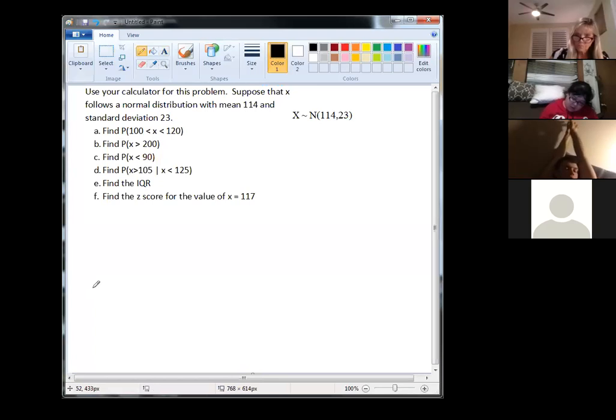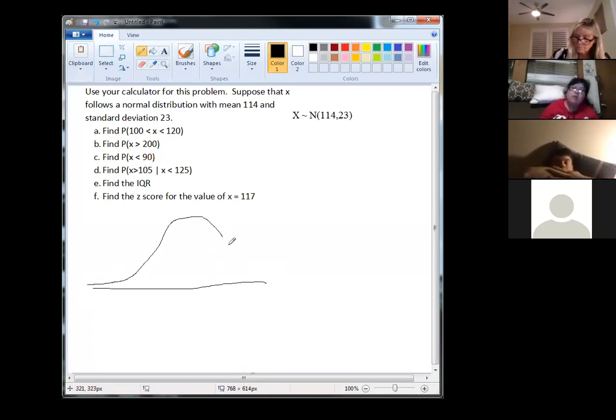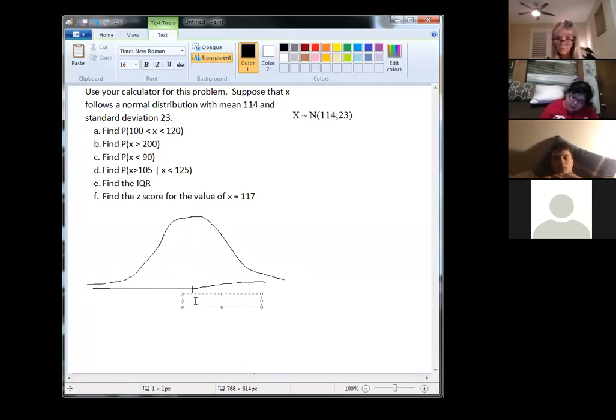Picture for this class, almost the rest of the whole quarter, it's always going to be the normal picture. Okay, and if you're as bad an artist as me, that's fine. It should look somewhat normal. But now the center is not 0 anymore. What's the center at? Yeah, 114.